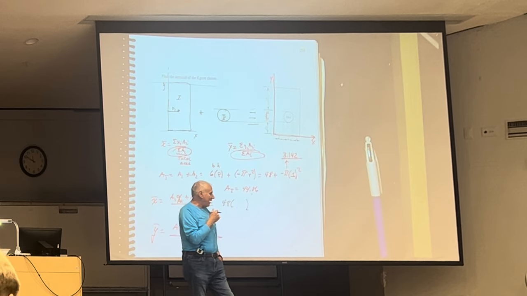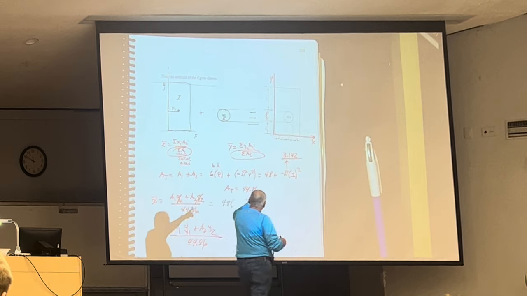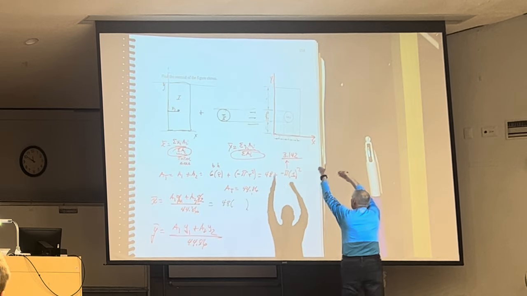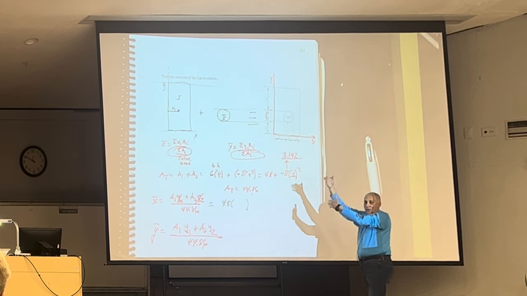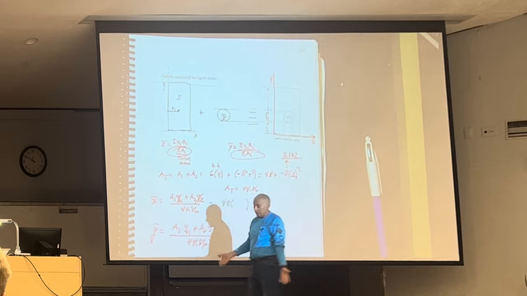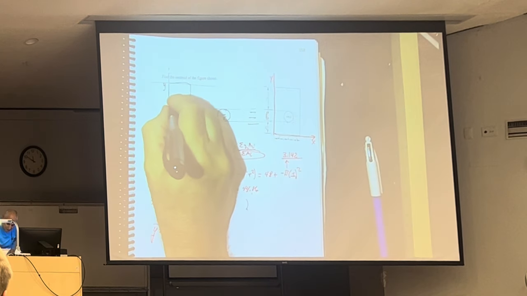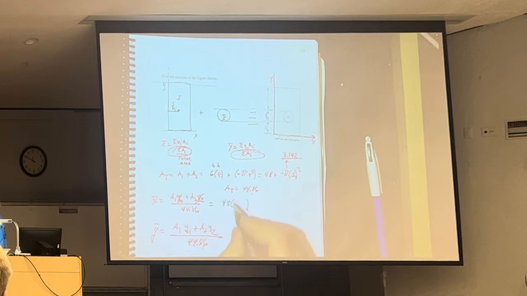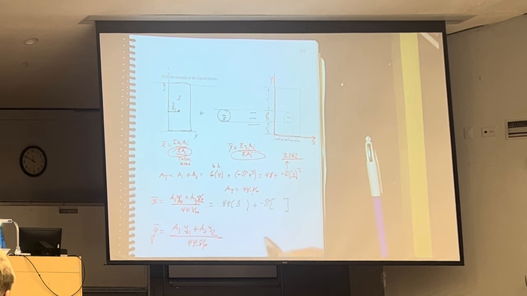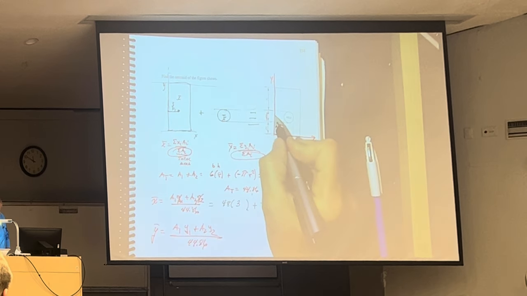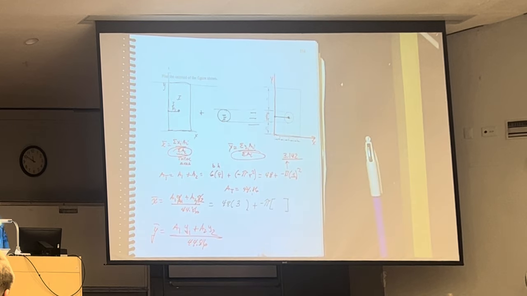What value is that? Well, if you look, the base of it is 3 plus 2 plus 1, 6. So half of 6 is 3. So I'm going to write 3 here. Plus a negative pi, which is the area, times its distance from here to the center of the circle.